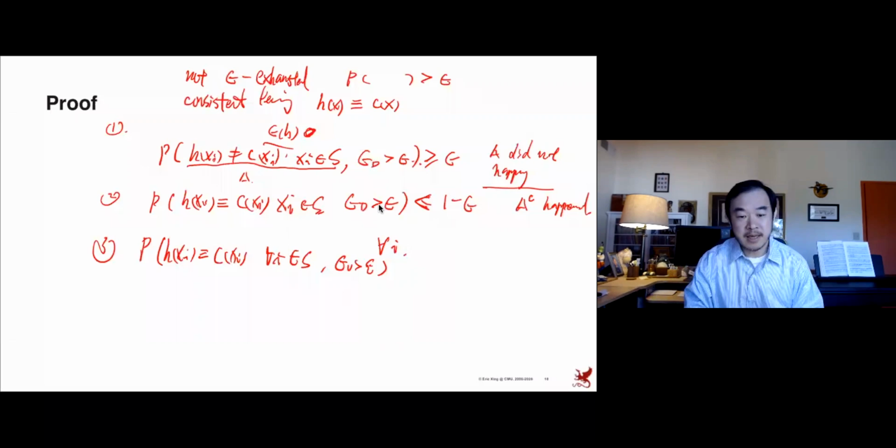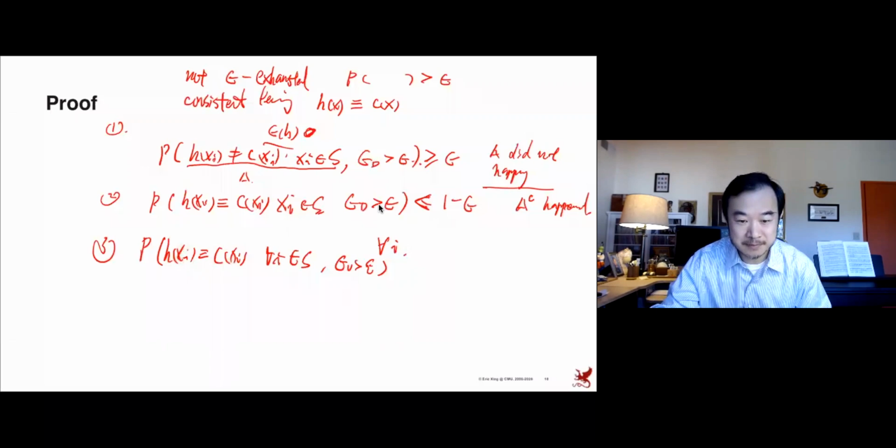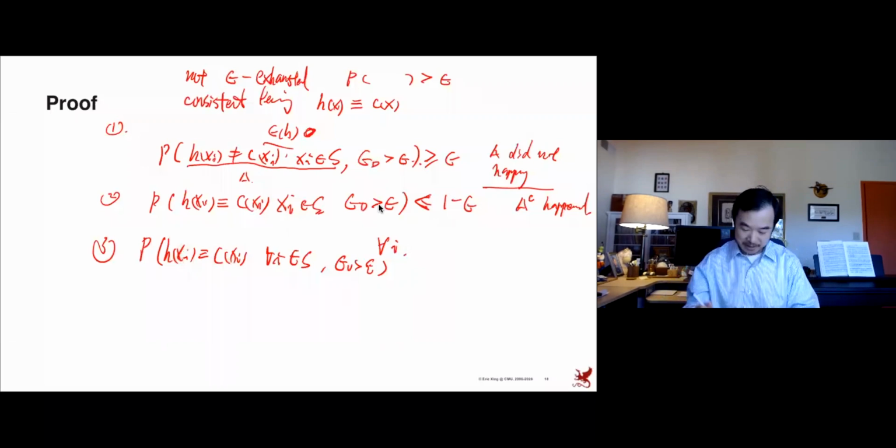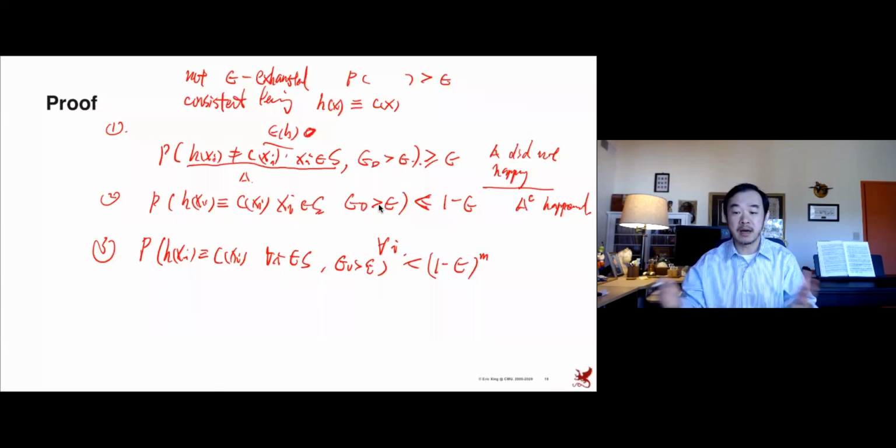Here someone is suggesting a union bound. I'm not saying that at least some one of the correct labels happens. I'm literally saying that all labels are correct. Yes, I got the answer, thank you. It should be 1 minus epsilon to the power of m, because it is a joint probability of all such events happening.